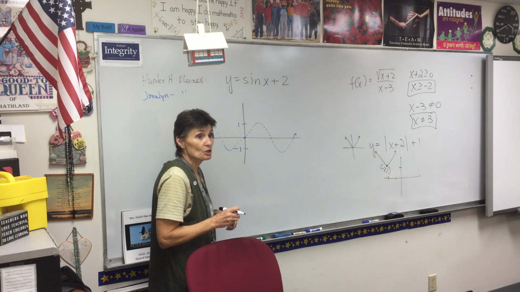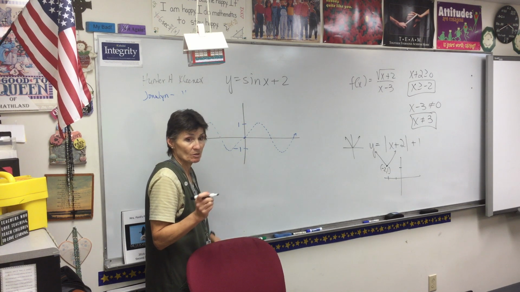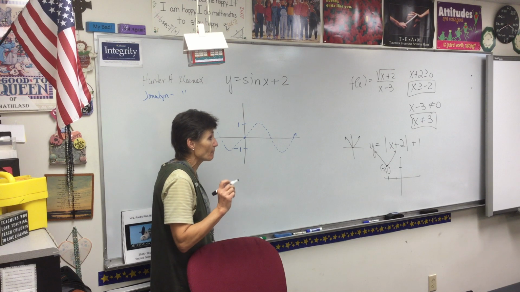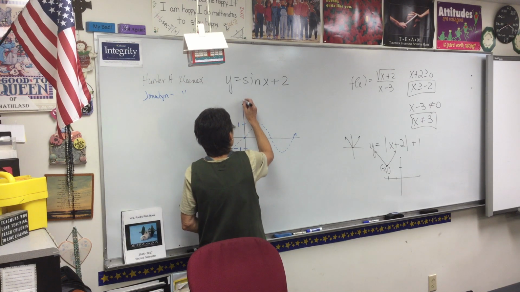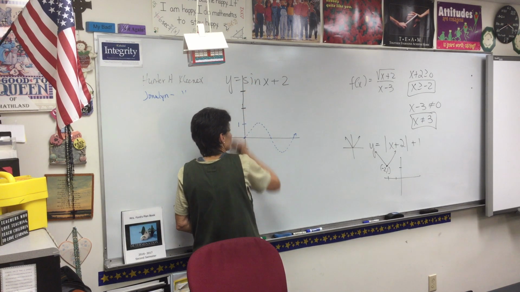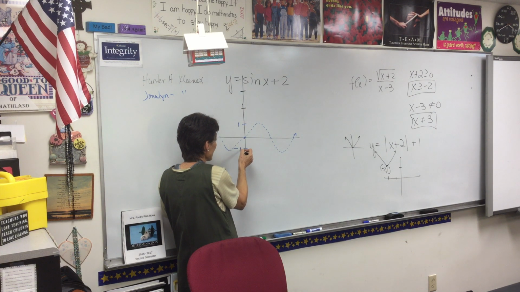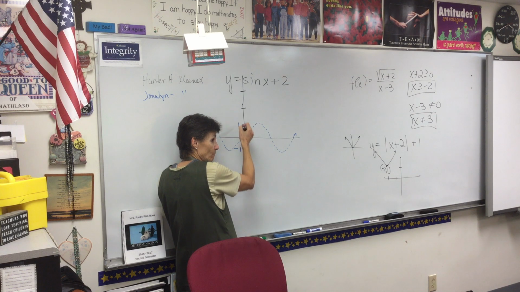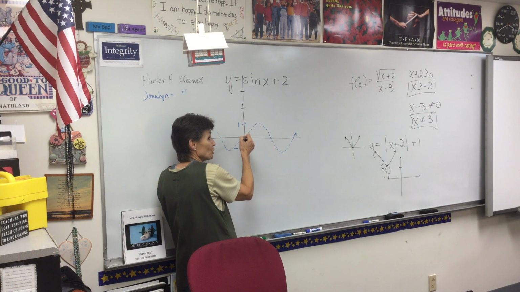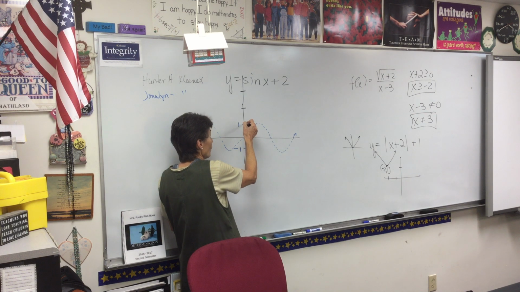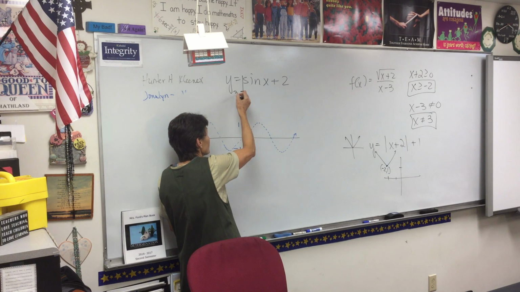Move it up 2. There's no parentheses, so it's not a sideways move. I'm going up 2, which means, see how it was going between -1 and 1 before? If I move it up 2, now it's going to be going between 1 and 3.